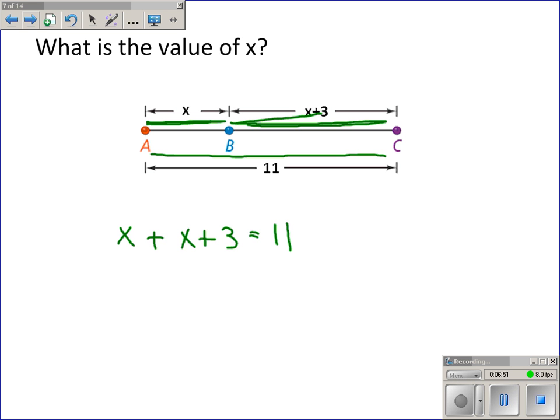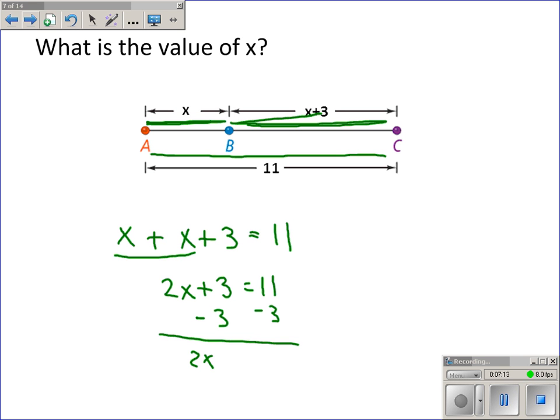So I'm going to combine like terms: x plus x is 2x, plus 3 is equal to 11. Now the way I'll solve this equation is by first getting rid of this plus or minus number. That's usually the easier way to do it. I'll do it by doing the opposite of adding 3, which is subtracting 3.